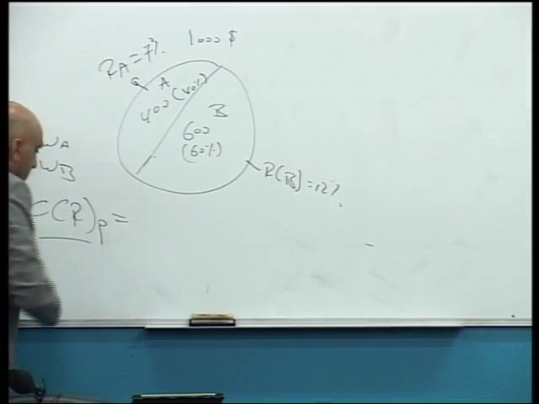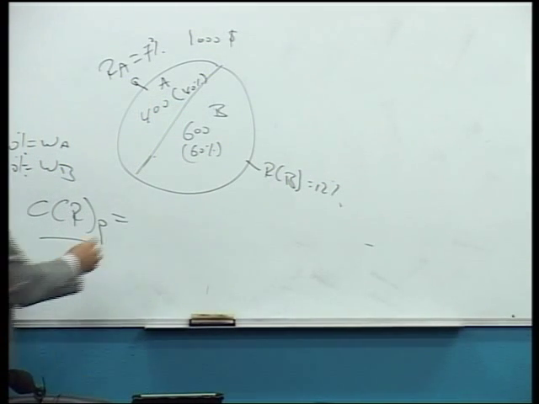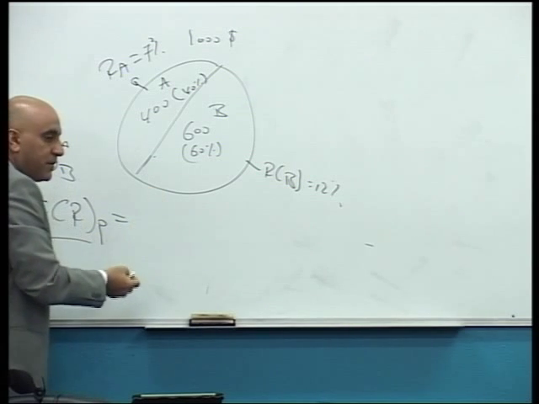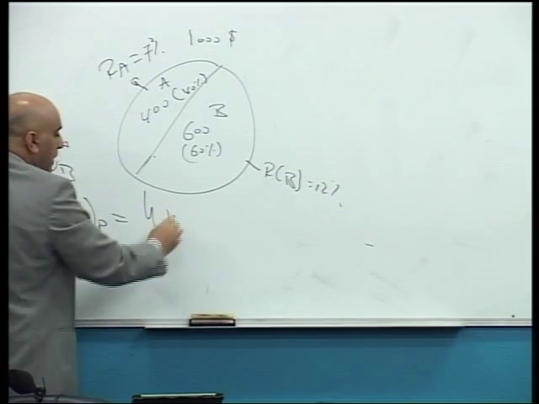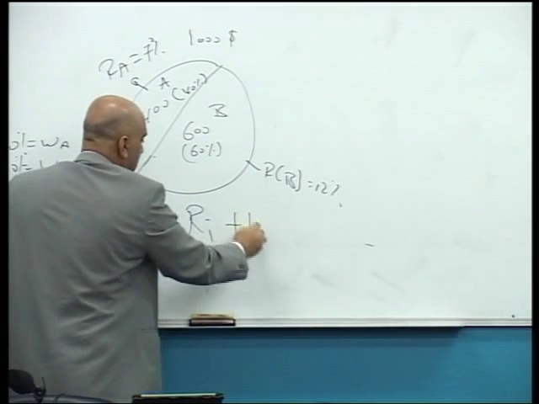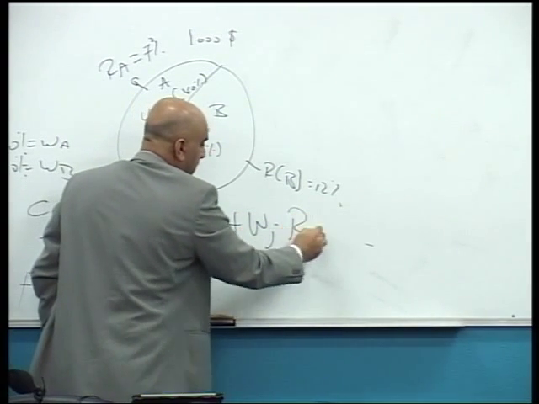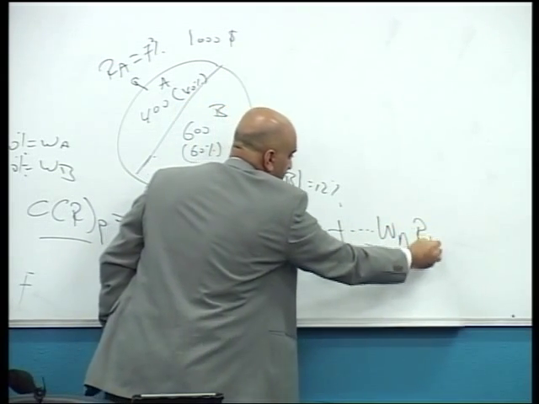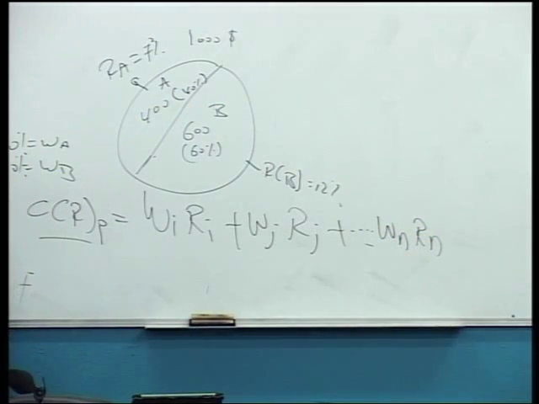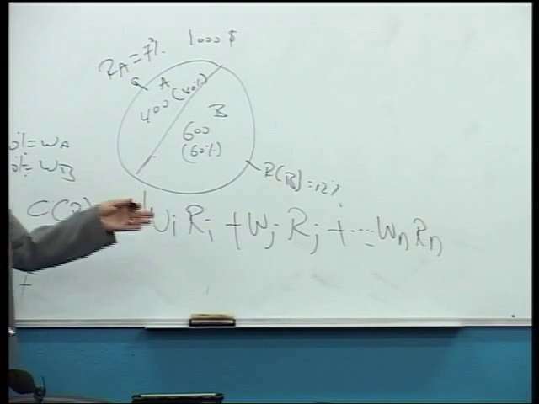So what is the expected return of the portfolio? The expected return of the portfolio is the summation of WI RI plus WJ RJ plus WN RN. Okay? Very simple. It's the weighted average of return.